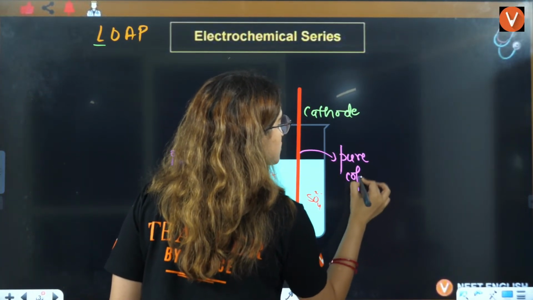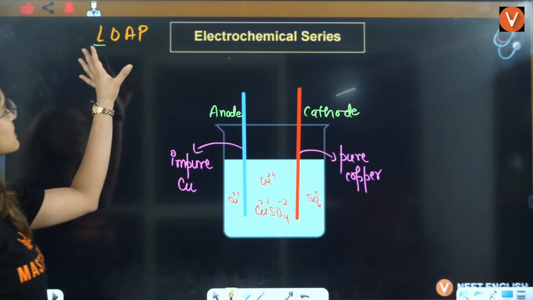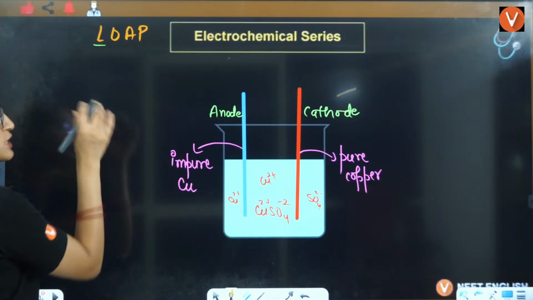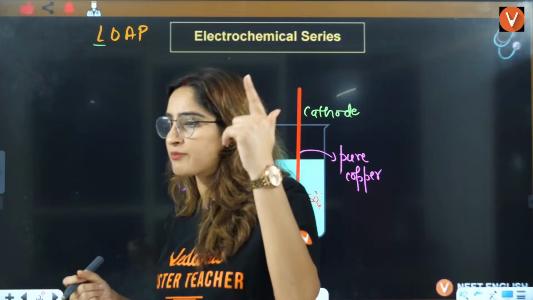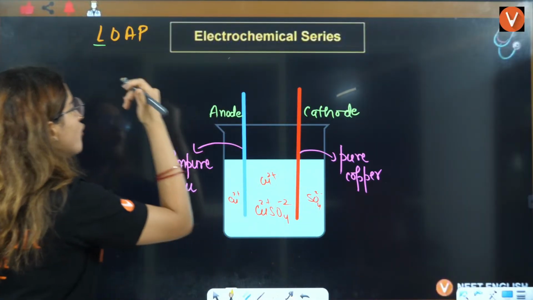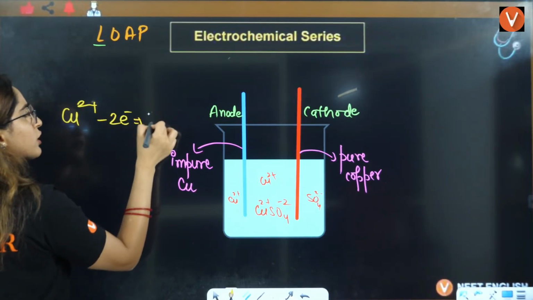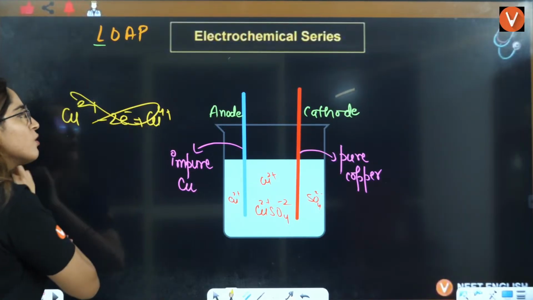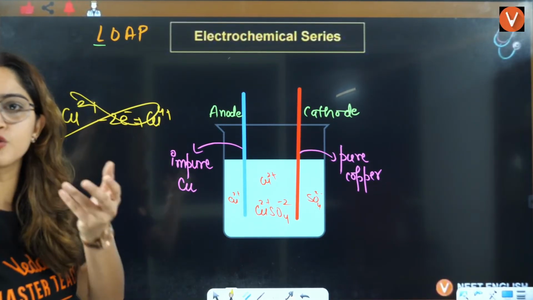Now let's see what is going to happen in both the cases. At the anode, guys, what will happen? At the anode, there is loss of electrons. Who will lose the electron? Will Cu2+ lose an electron to get converted to Cu3+? No, Cu3+ does not exist.